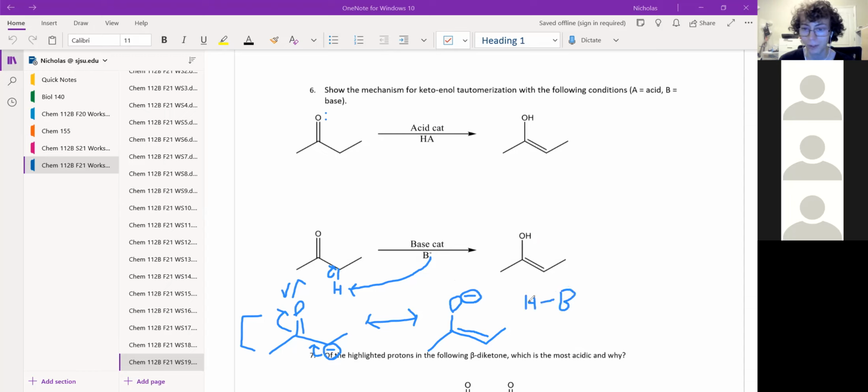this is where the protonated base that we used at the beginning comes in. It formed HB, the conjugate acid. We have a base here, so just going to give the proton to the oxygen. And then that will reform the base catalyst, just like we reformed the acid catalyst.